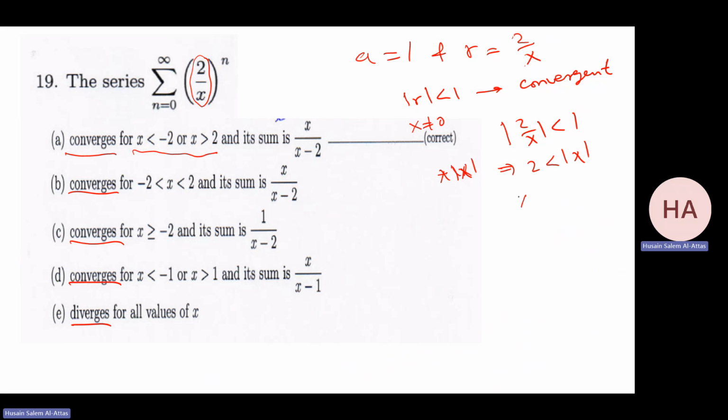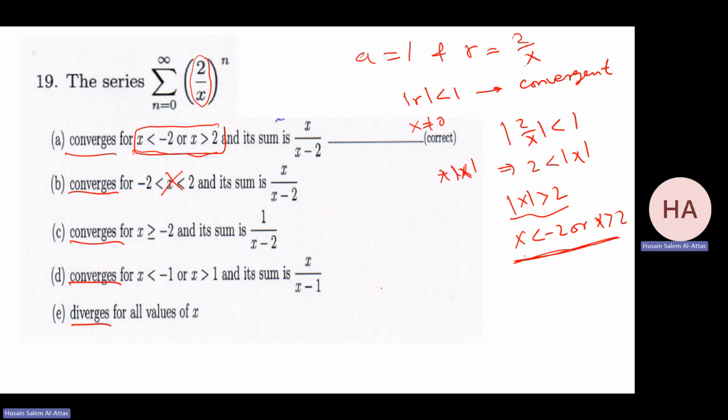So I have the absolute value of x greater than 2. This is an inequality I know how to do: x less than -2 or x greater than 2. So this is the convergence region, where x is less than -2 or greater than 2. This is for sure correct, and the other is not correct.